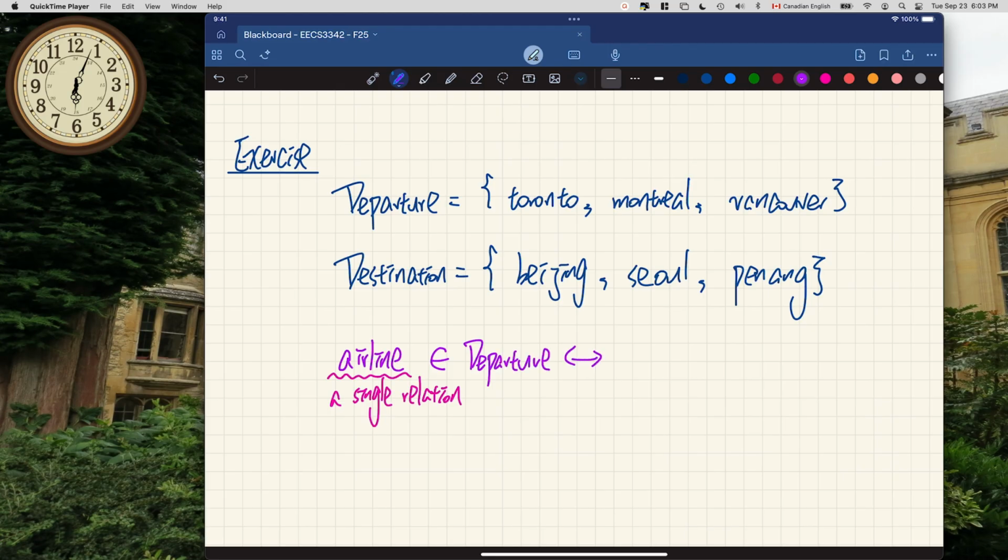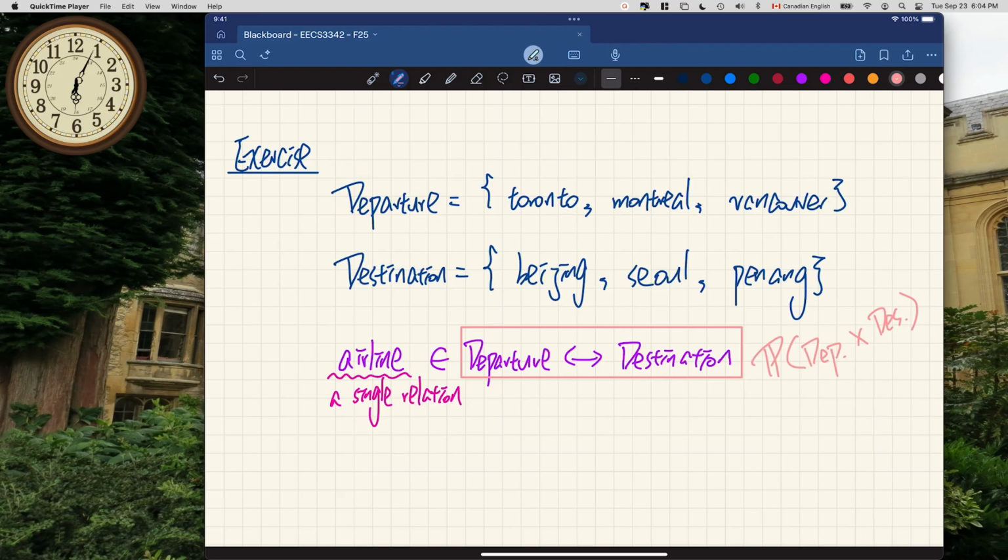Of course, I'm already using just a shorthand for a relation, but let me rewrite it once more, okay? So this one here is really equivalent to the power set of departure cross product destination. All right, like that. They are equivalent. Okay.